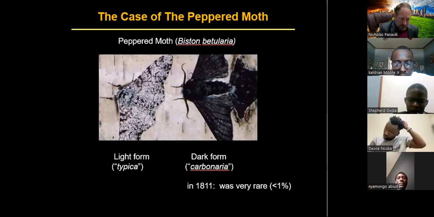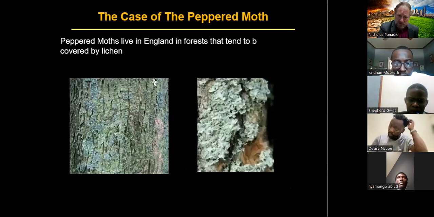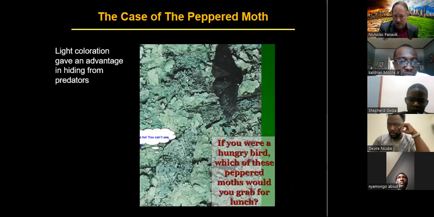Like I said, these lived in Northern Europe, specifically in England, and they tended to live in forests where the trees were covered by lichen. That was their habitat. So you can imagine that the light coloration was a lot more helpful than the dark coloration.